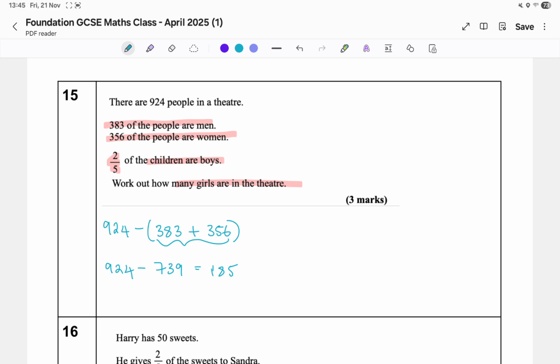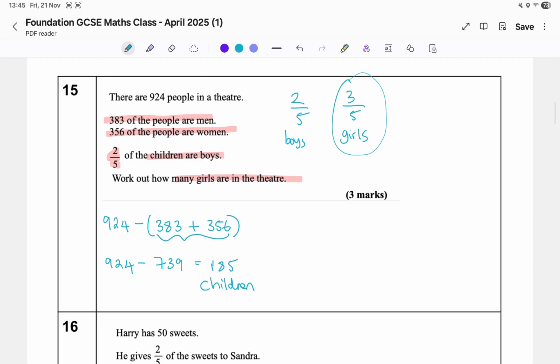So that's how many children there are. So we minus the men and the women, we've got the children left. Now what it says is if 2/5 are boys, that means 3/5 are going to be girls. Because if the total is 5, if 2 out of 5 is boys, 3/5 is going to be girls.